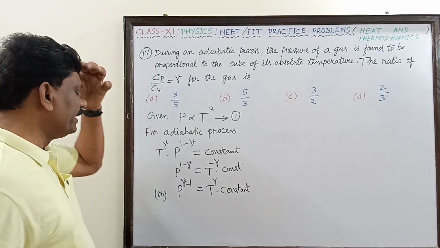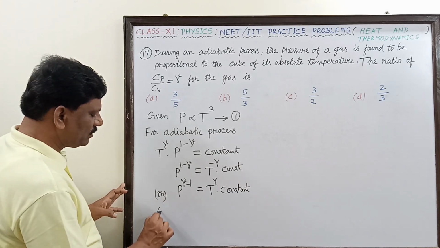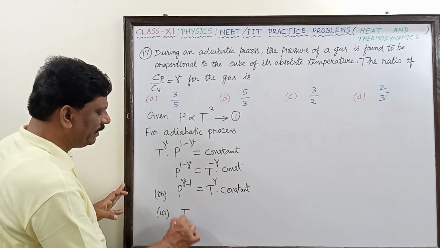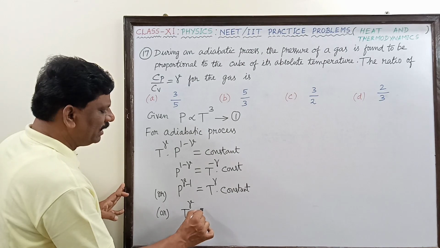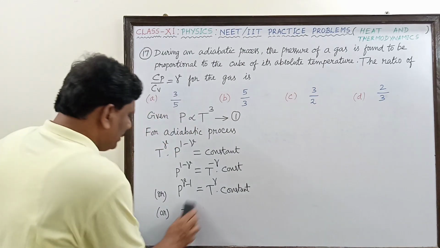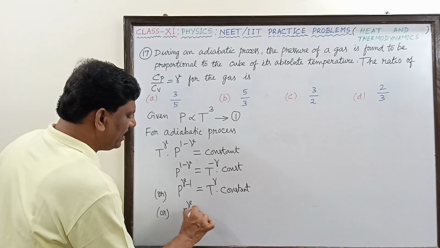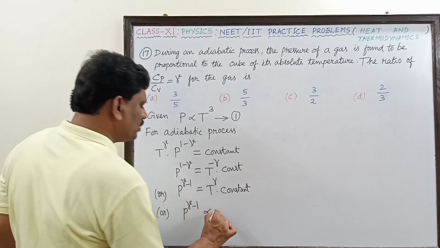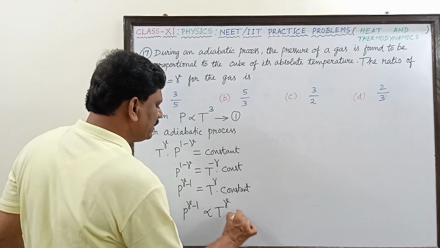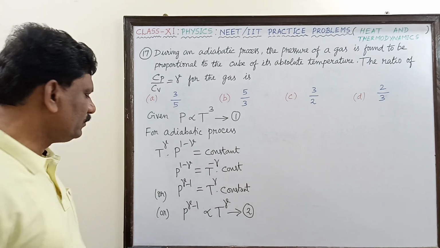Or we can also write that T power gamma is proportional to P power gamma minus 1. So P power gamma minus 1 is proportional to T power gamma. As it is, I will keep it as expression 2.